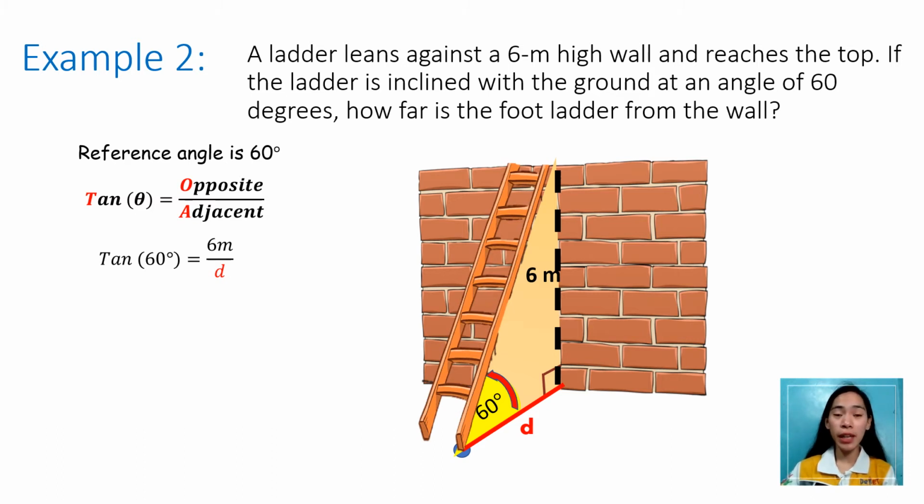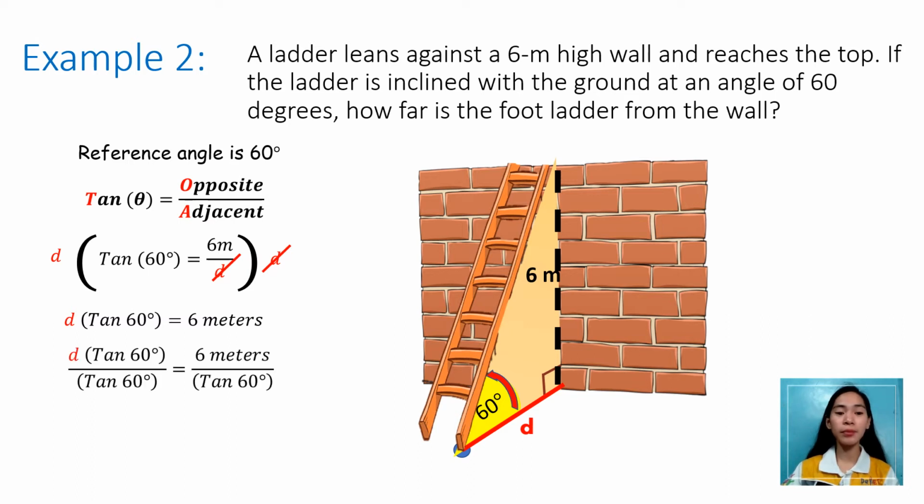Then, using the multiplication property of equality, we're going to multiply both sides by d to remove our denominator d, right? Since d divided by d becomes 1, we can cancel this out. So that would become d times tangent 60 degrees is equal to 6 meters. And then we're going to divide both sides by tangent 60 degrees. So d is equal to 6 meters over tangent 60 degrees.